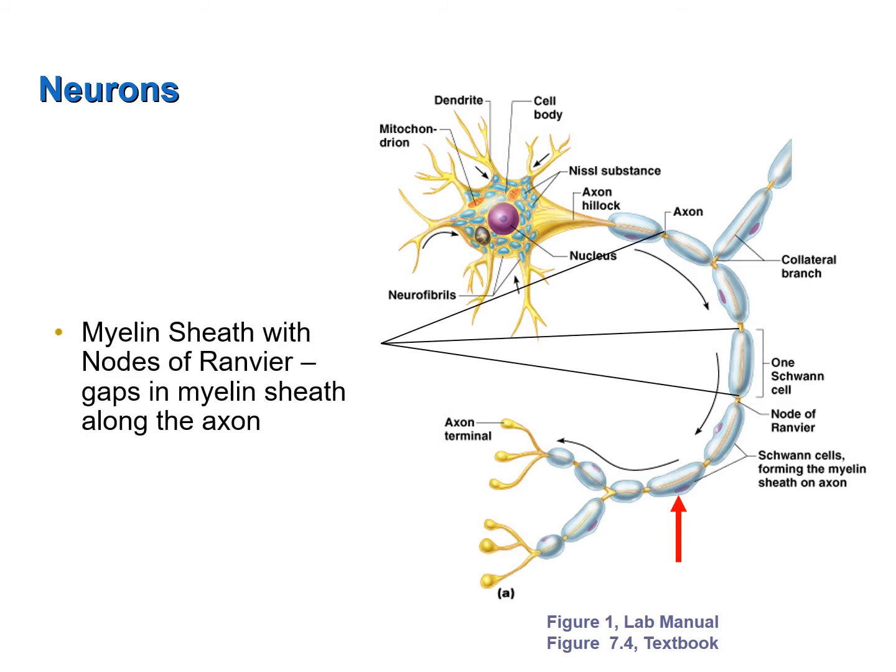Also notice that there are spaces between those Schwann cells where the axon is exposed. Those are called nodes of Ranvier. And in lecture, you'll learn how they function to increase the rate at which a nerve impulse travels down that axon. Okay? Our focus is anatomy, so here the focus is just being able to name the structure.